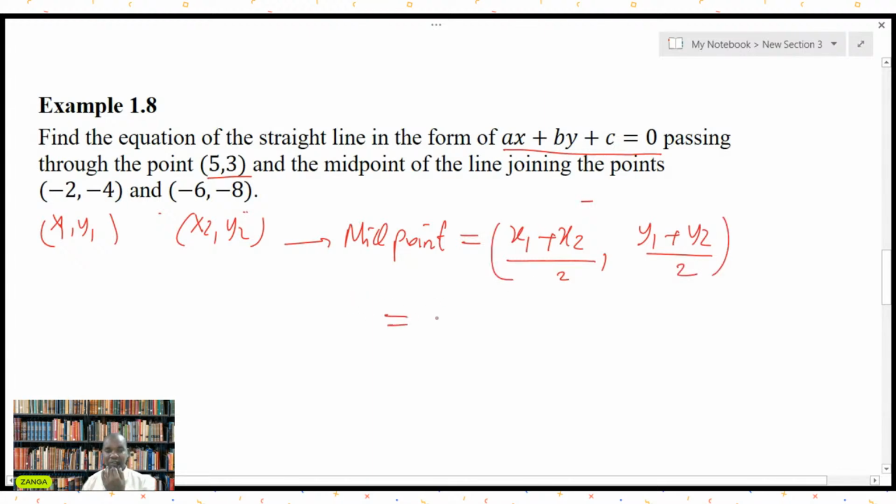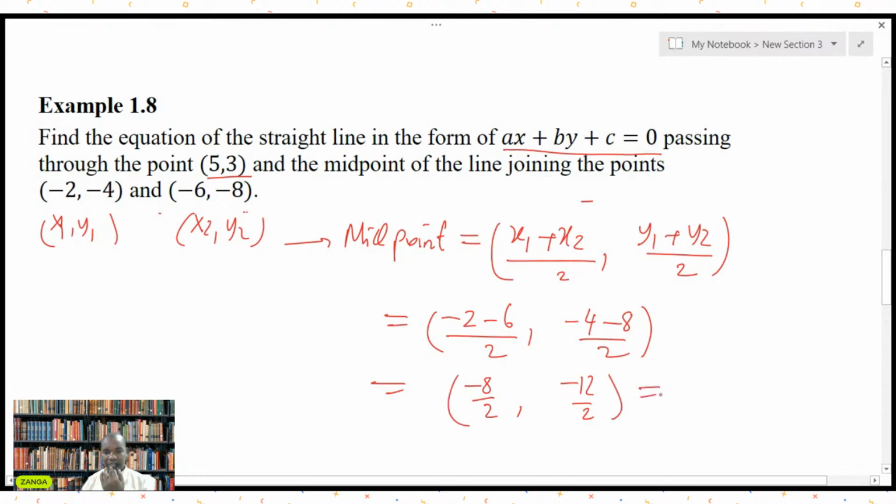So the midpoint here will be now taking -2 minus 6 over 2, comma 4 minus 18 over 2. And this is going to be -8 over 2, comma -12 over 2. And eventually we are getting the point here is -4, comma -6.